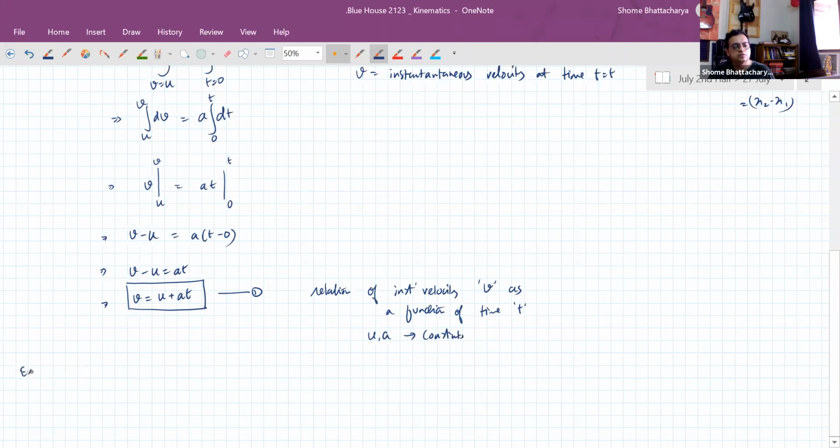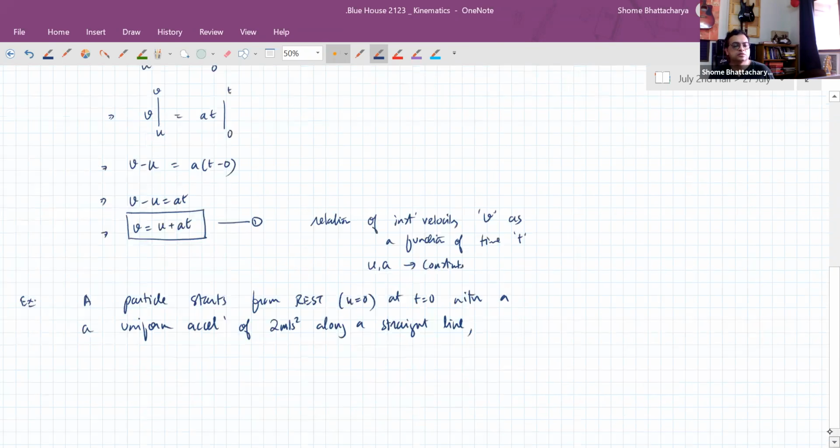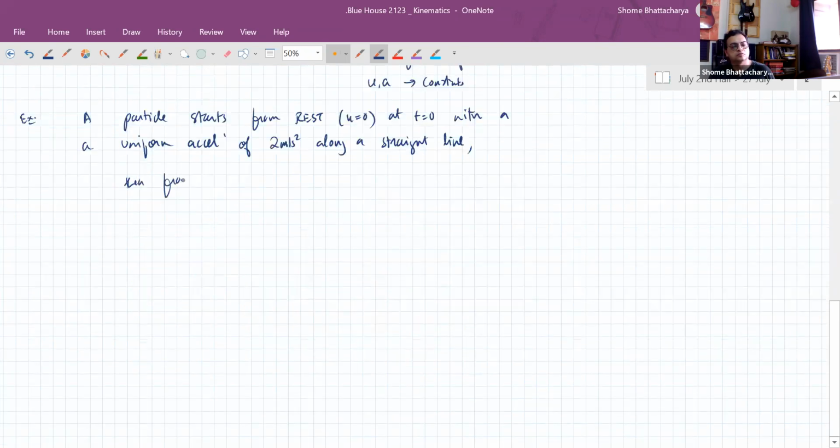So for example, if a particle starts from rest at t equal to 0 with a uniform acceleration of 2 meters per second square along a straight line, then using this equation, we can say that u being 0 and a being 2 meters per second square, v is equal to 2t.